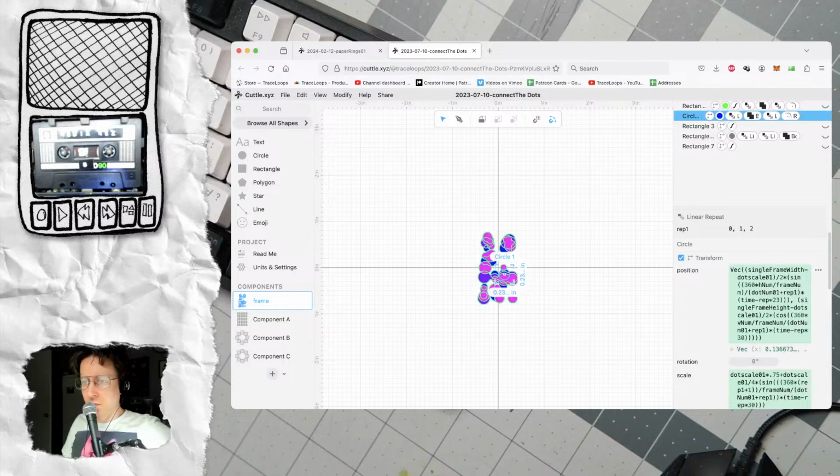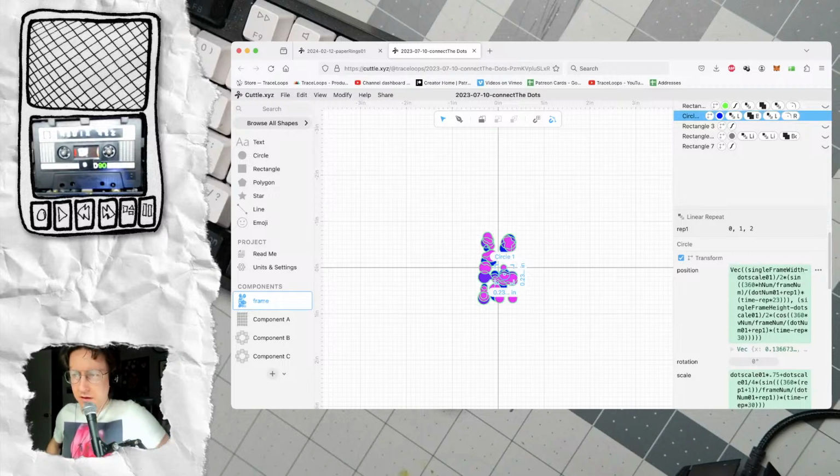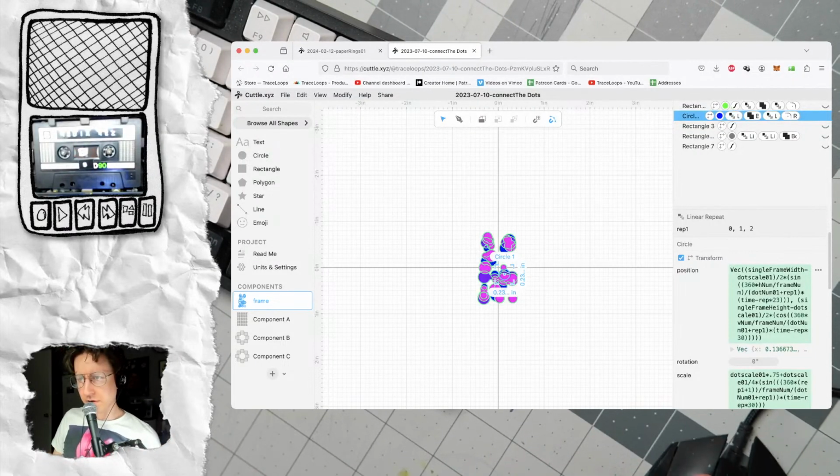Single frame width minus dot scale times sine 360 divided by horizontal number. Yeah. Divided by frame divided by dot num plus rep 1 times time minus rep. Okay, so where in here is the rep that I'm looking for?